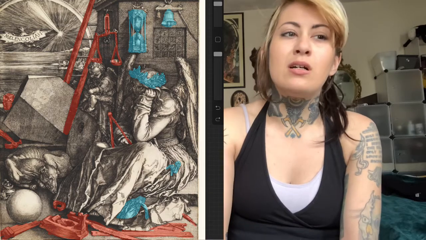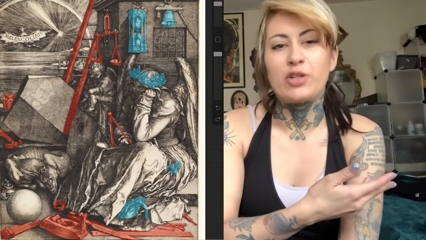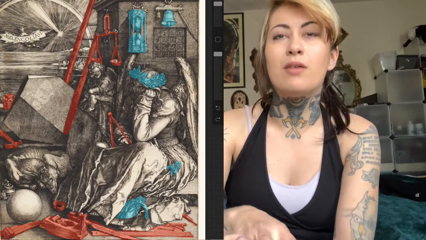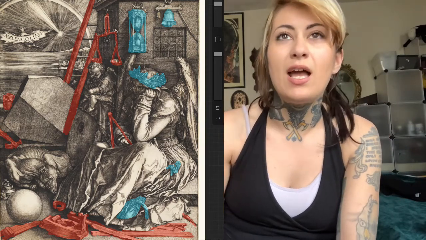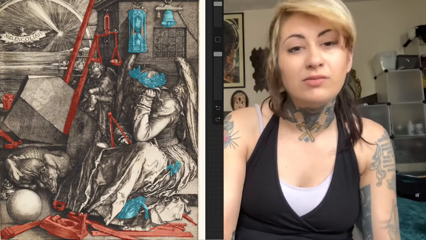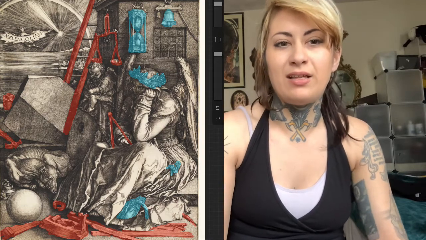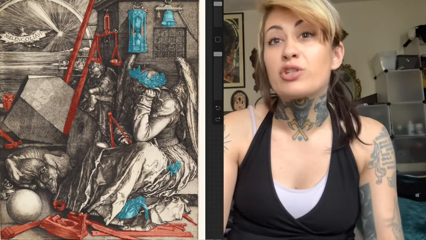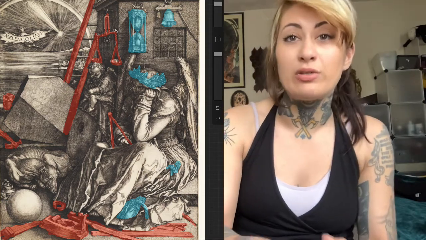Before him, woodcraft was just get it done, get it done, get it done, mass production. And his father was a goldsmith, and a metalsmith was more revered because it was a more expensive quality and it took more skill in order to do what you needed without wasting the metal itself. And Durer wanted to say that wood is a medium that needed to be respected, and he took that craft and revolutionized it.